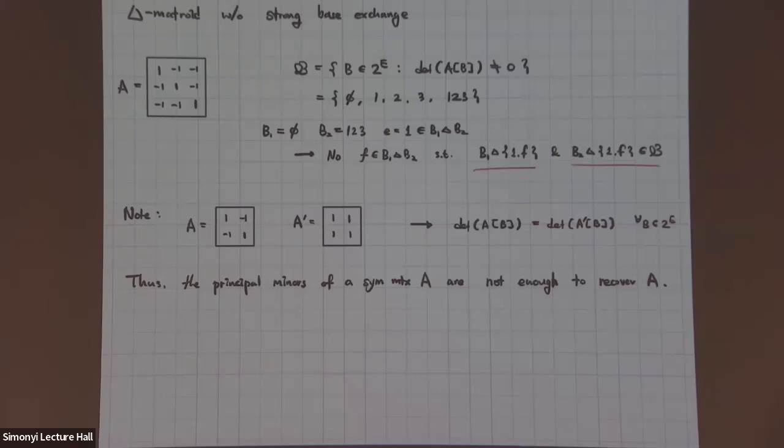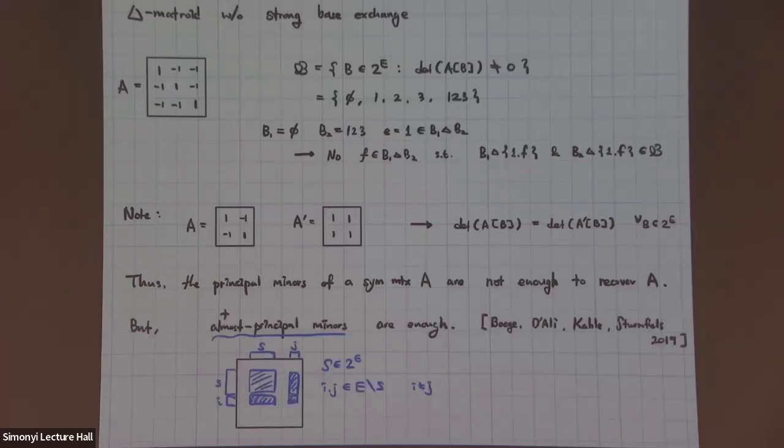And another important observation is, even if you have all the information about the principal minors, you cannot recover your original matrix. So this is a very simple counterexample. And actually, this can be easily resolved if you consider all the almost principal minors as well.